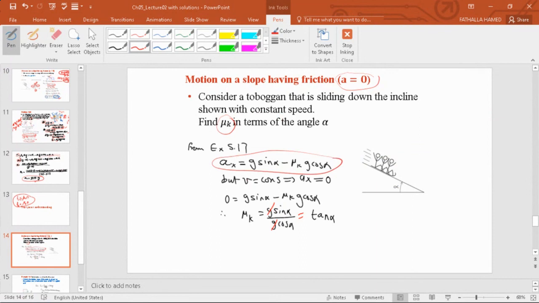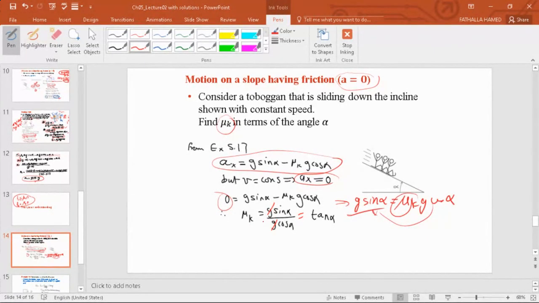But the condition is constant speed, that means acceleration is equal to 0, meaning that 0 equals g sine alpha minus mu k g cosine alpha. And that, of course, will tell you that g sine alpha should equal mu k g cosine alpha. So you can take the mu k by dividing.